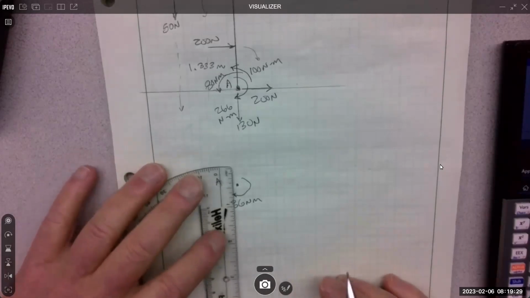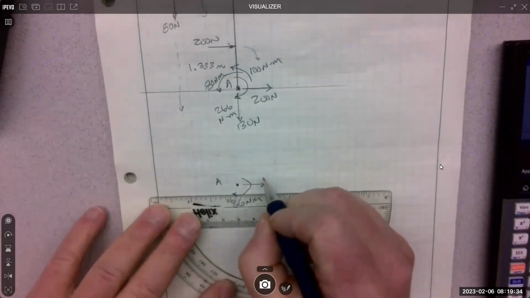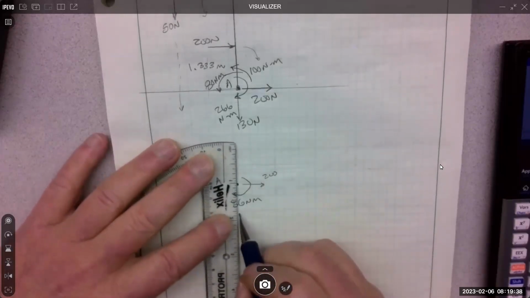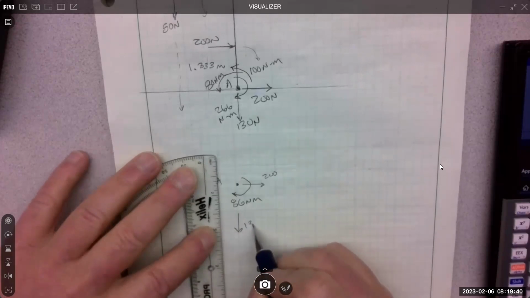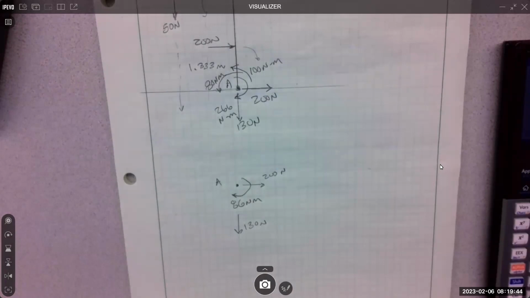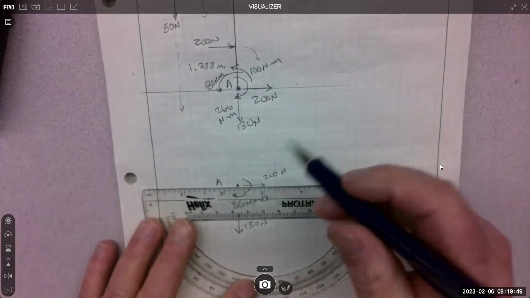So there's the sum of my moments. And the sum of my vectors I already had at 200 and 130. Right? And what they want to know is where is the resultant?